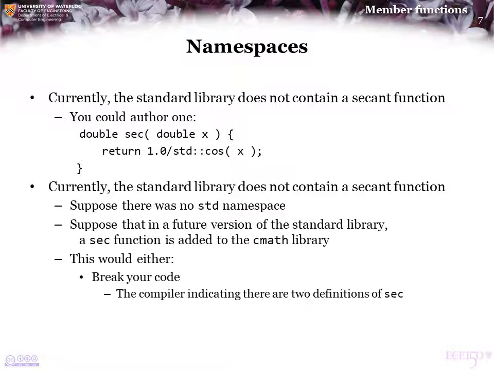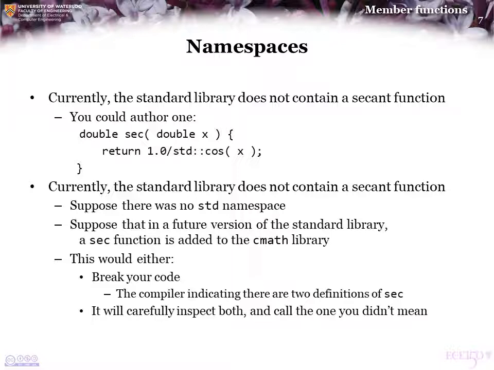It's either going to break your code, where the compiler is going to indicate that there are now 2 different definitions of sec, or it will very carefully inspect both definitions and then call the one you didn't mean. Now, this isn't going to happen because sec will never be added to the standard math library in C++.